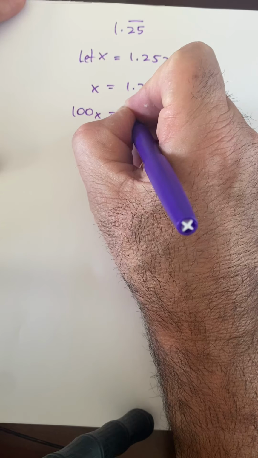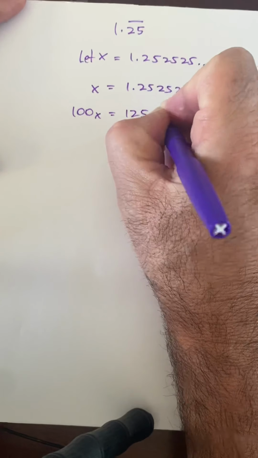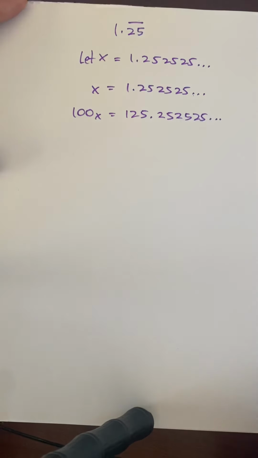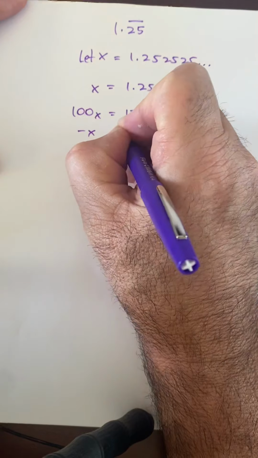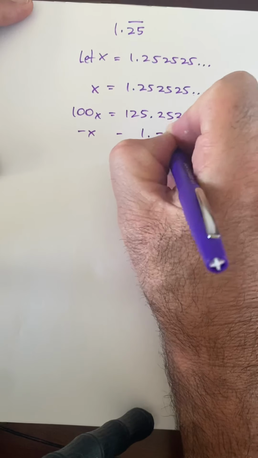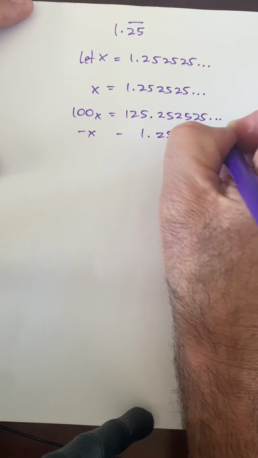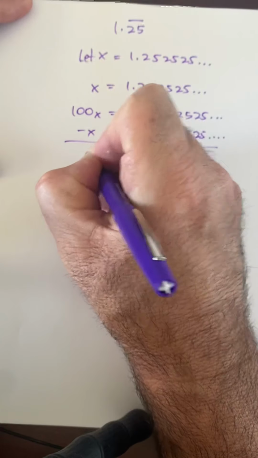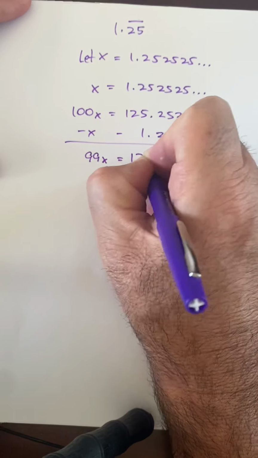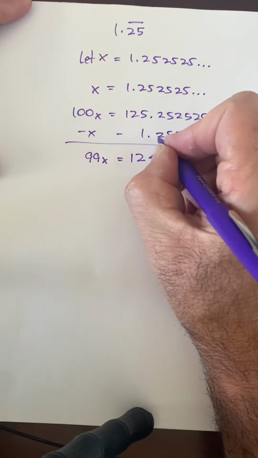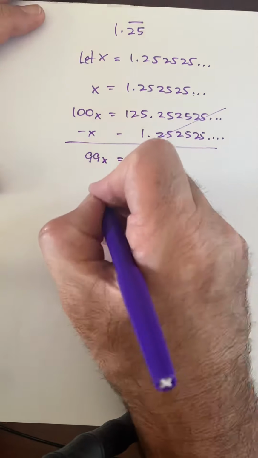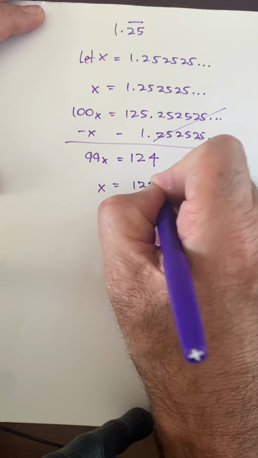So now here I would have 125.252525 repeating. Subtract x, subtract 1.252525 repeating. 99x equals 124. Again, the repeating parts cancel. That's the whole objective. Divide both sides by 99.